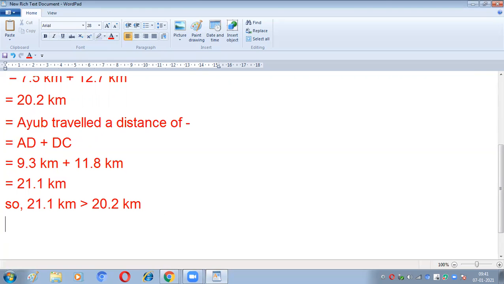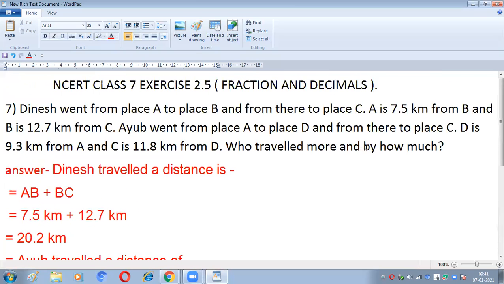So 21.1 kilometer minus 20.2 kilometer, because here it is also asked by how much.